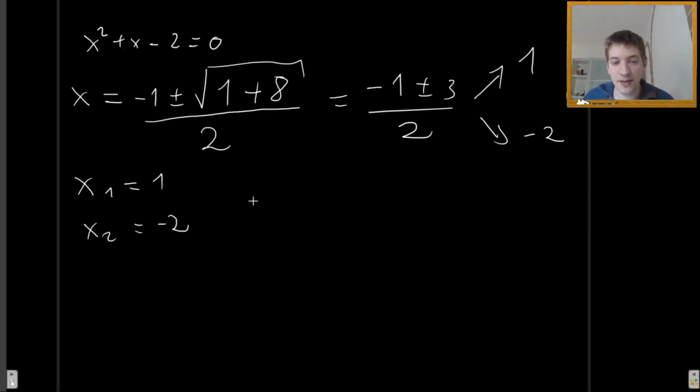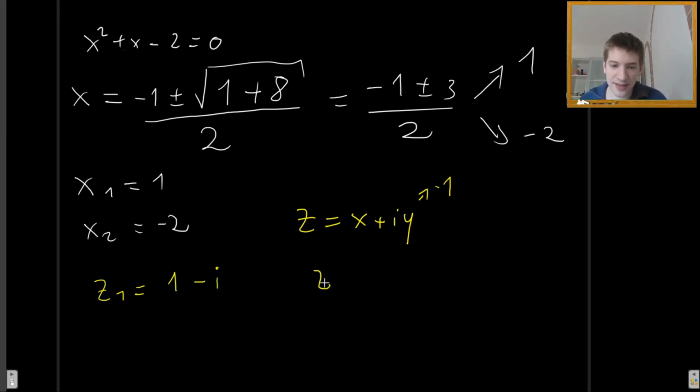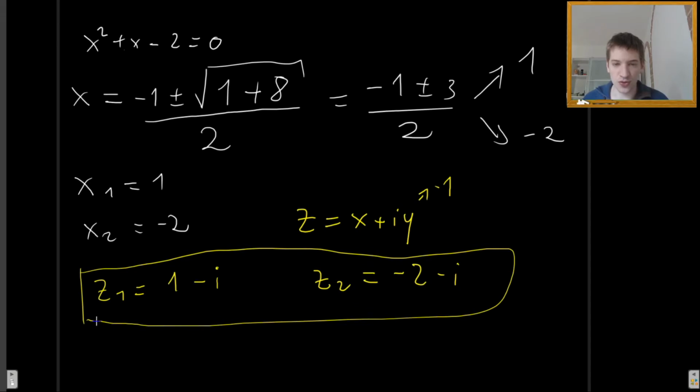This means that our solution, remember, we're looking for a z of the form x plus iy. We already know that y is minus 1. So now we have two possibilities. z1 is equal to 1 minus i, and z2 is going to be minus 2 minus i. Okay, so these are our solutions.